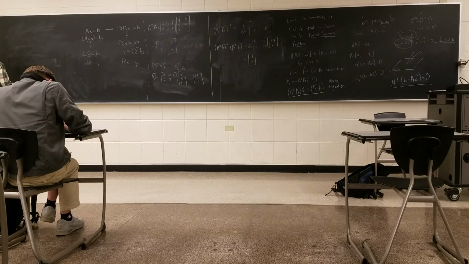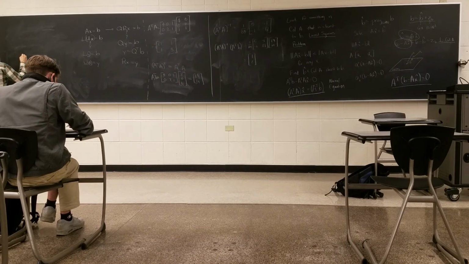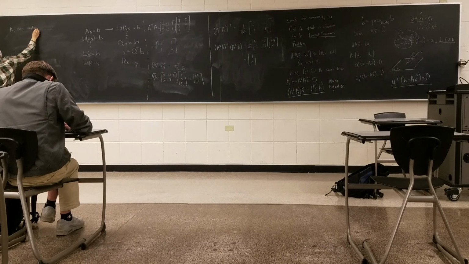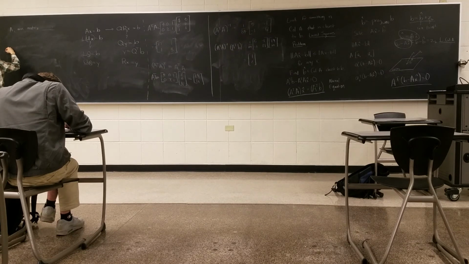So let's kind of bring all of that together in one statement. So we have A, an m by n matrix, and we have B as an m by 1 matrix.